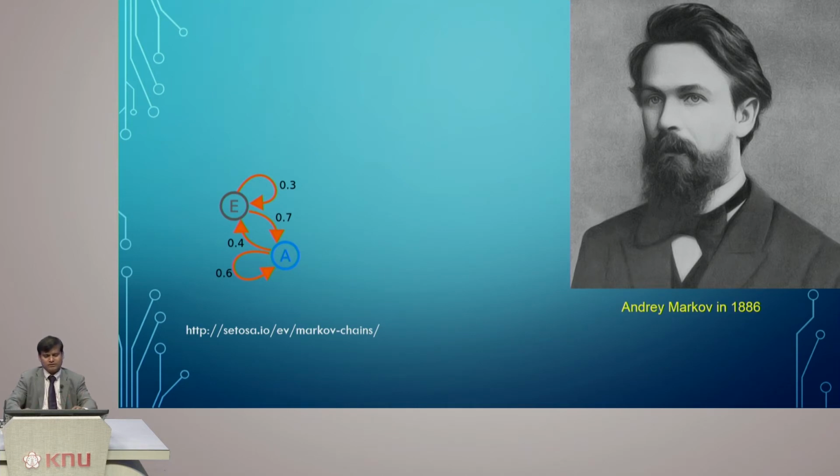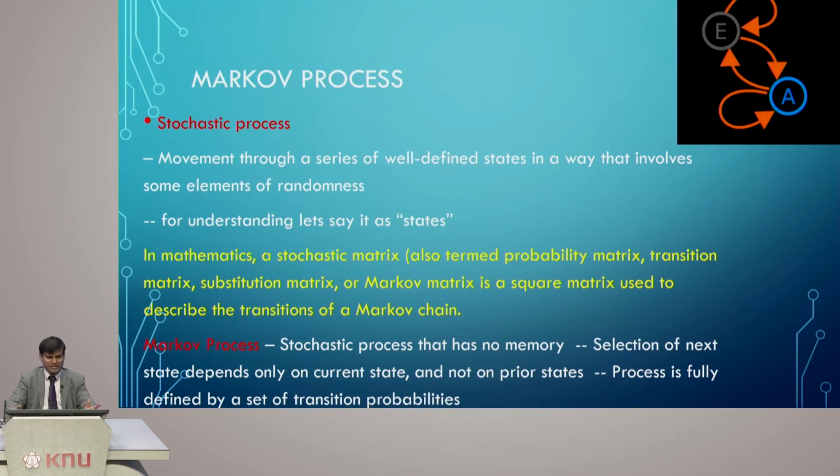Through this, in fact, you can come up with a matrix. This transition probability is used to build that matrix, and we call it the transition matrix, stochastic matrix, probability matrix, or substitution matrix. Simply, we can call it the Markov matrix.